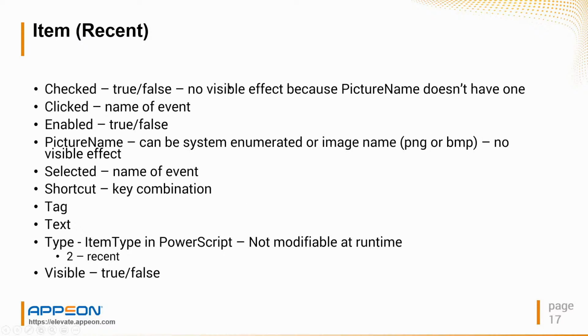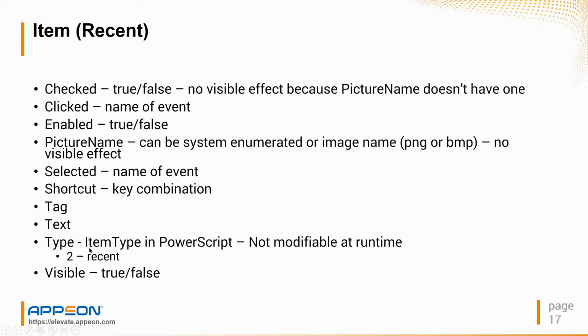But since there's no picture, this doesn't do anything. But the clicked event, selected event, that's standard. Enabled and visible properties, a shortcut combination, tag, text. That's all exactly the same as what we saw in the master items.